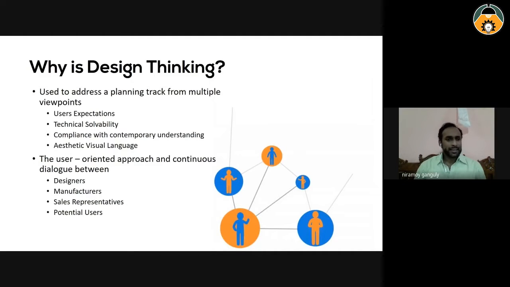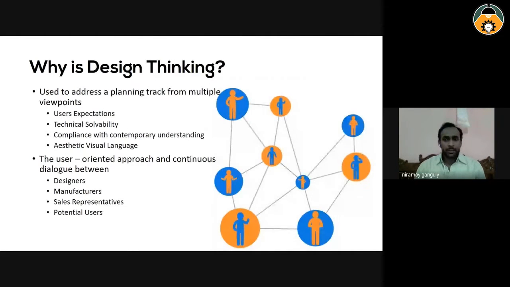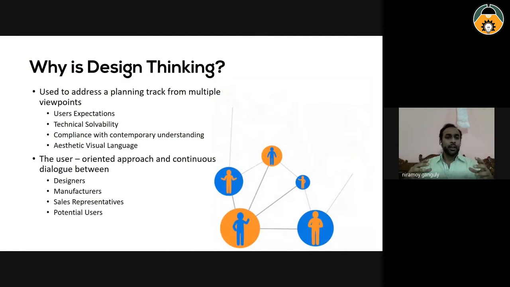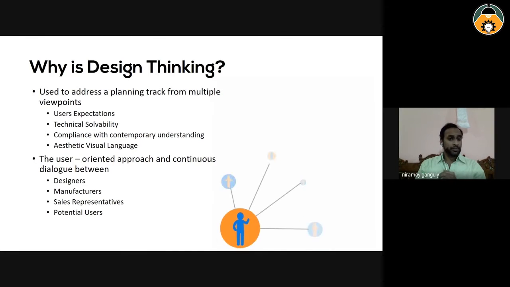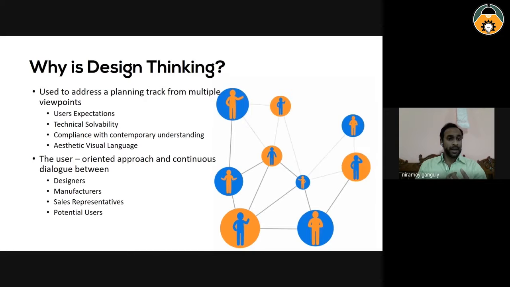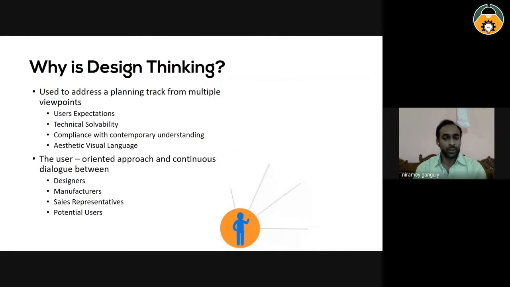So what is design thinking? This is an approach of trying to figure out multiple aspects, multiple viewpoints, to try and collaborate together, using user experience, technical aspects, complying with contemporary understanding of what people would want, and also adding in the aesthetic visual language into your products.